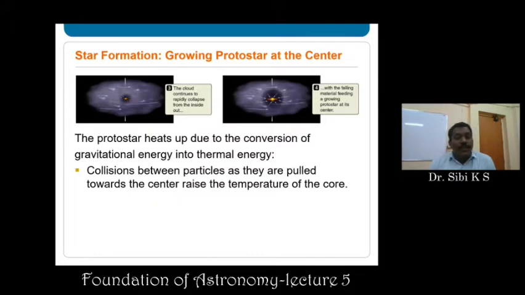The collisions between particles are such that they are pulled towards the center, which raises the temperature of the core. You can see the figure. The cloud continues to rapidly collapse from inside out, with the falling material feeding a growing protostar at its center.